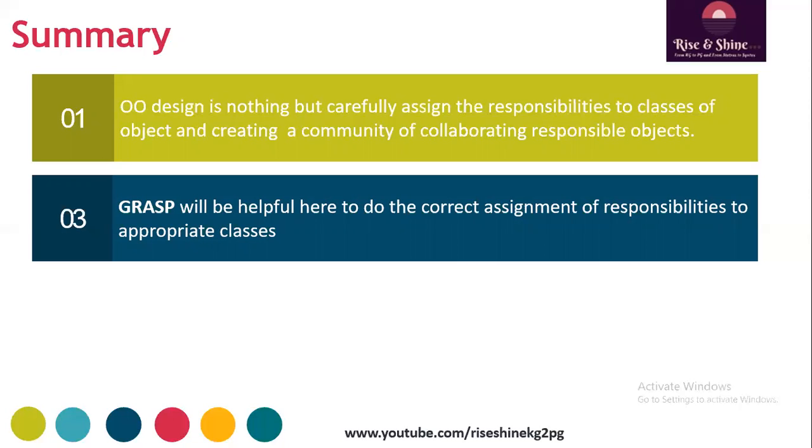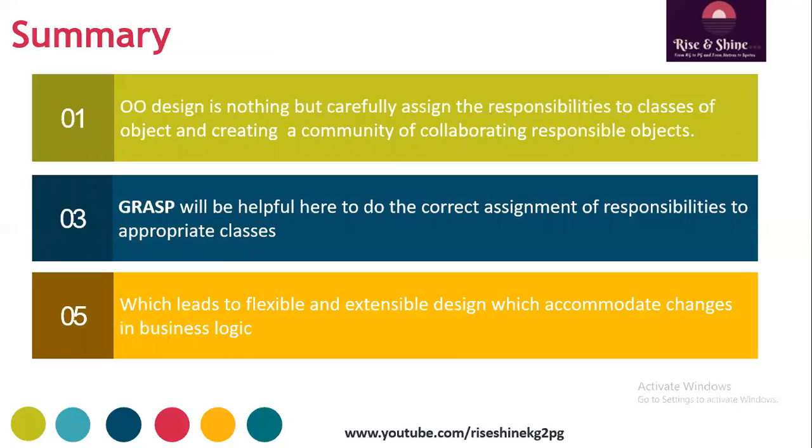These principles play a very important role in the design phase of software development. If we follow such principles, GRASP, it leads to a flexible and extensible design which accommodates changes in business logic. From the next session, we will see thoroughly what these GRASP principles mean and how they are helpful in assigning responsibilities to appropriate classes.